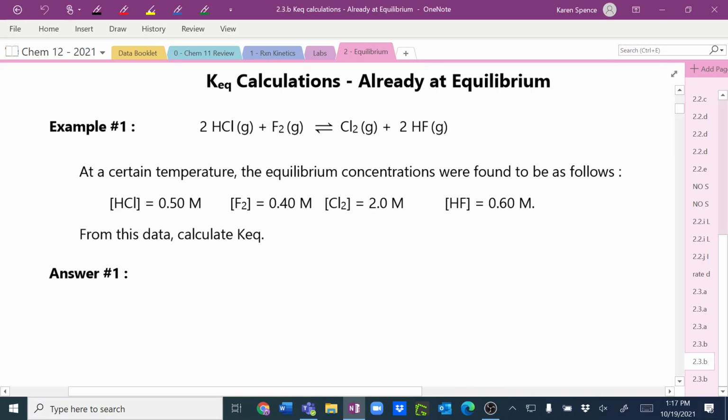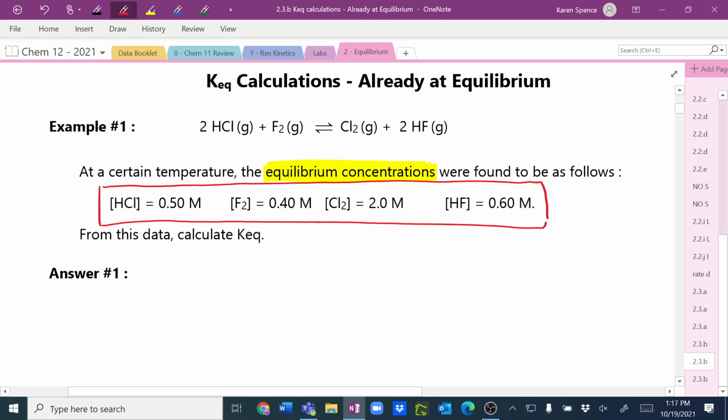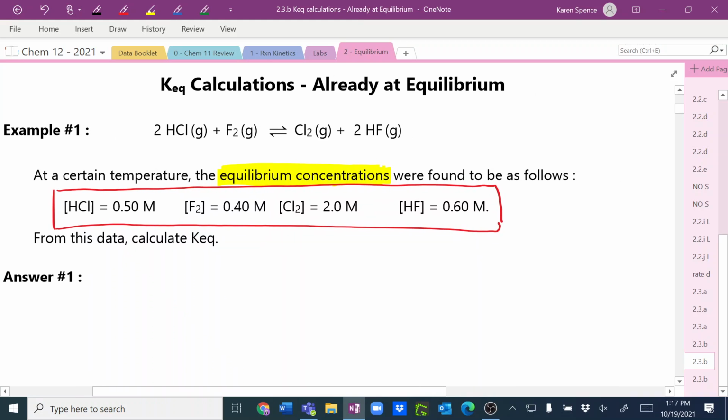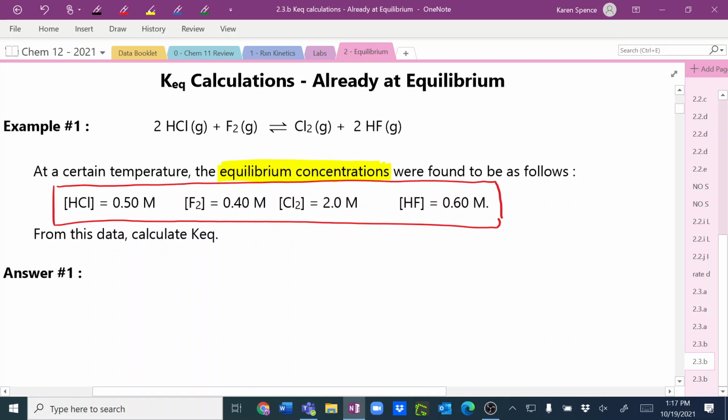So we have an equation, and we are told that our equilibrium concentrations are these ones here. Now, one thing that you should know about the KEQ expression is all the concentrations in that expression are equilibrium concentrations. They are not concentrations while it's shifting or initially when you put reactants in a flask but no products.